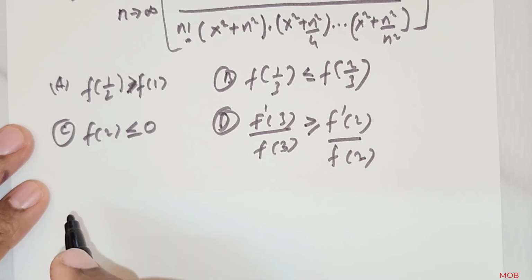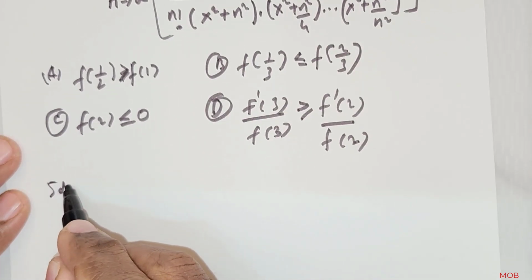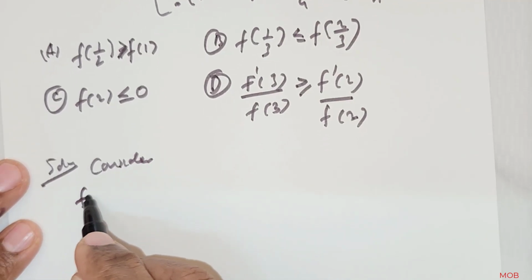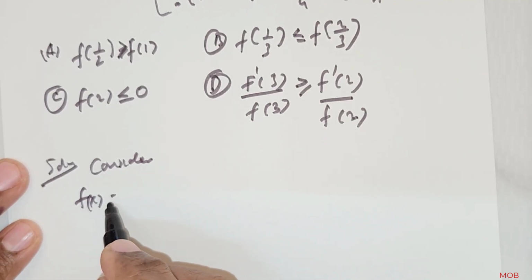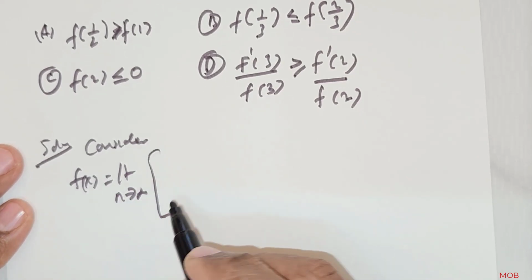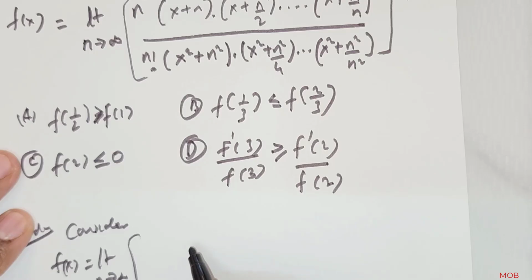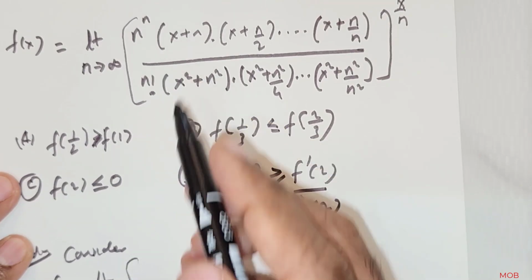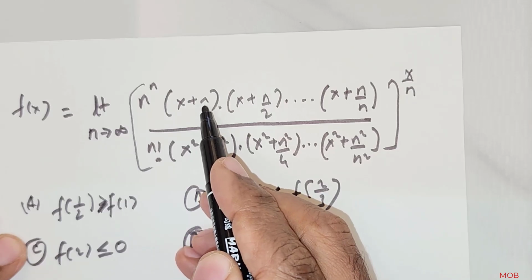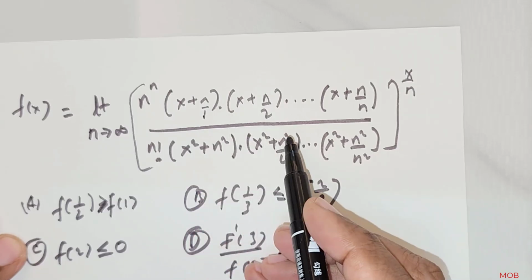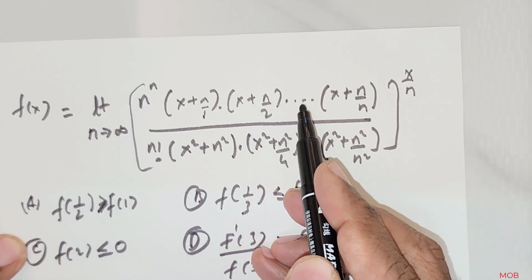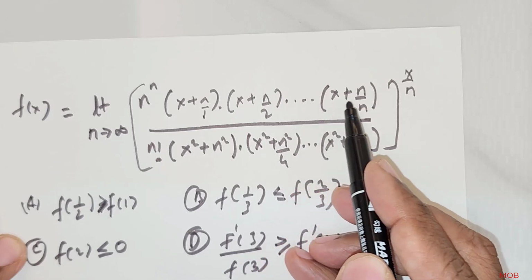Okay, foremost we are going to consider the given question. So we got f of x is equal to the limit as n tends to infinity. If you observe this question, this is n over 1, and you have n over 2, and the next term is going to be n over 3, and so on and so forth.